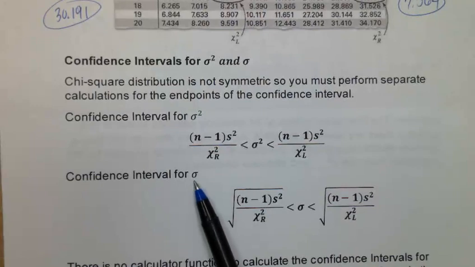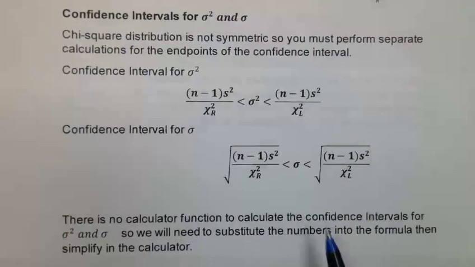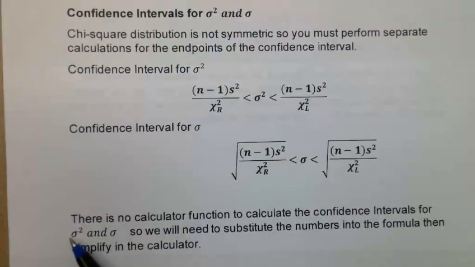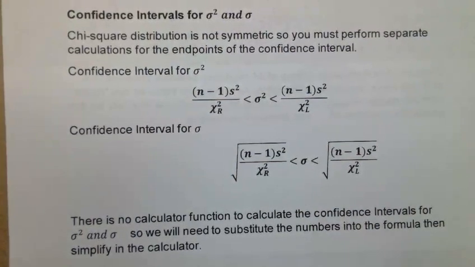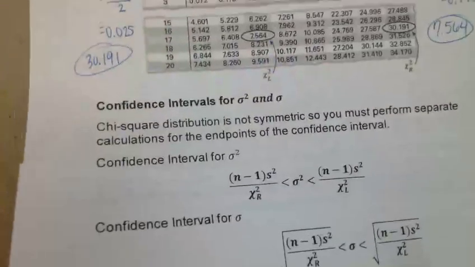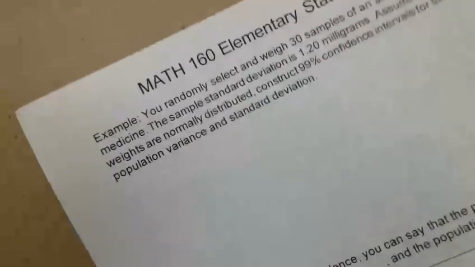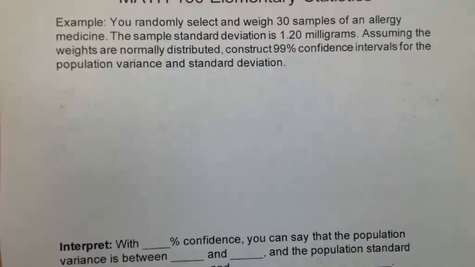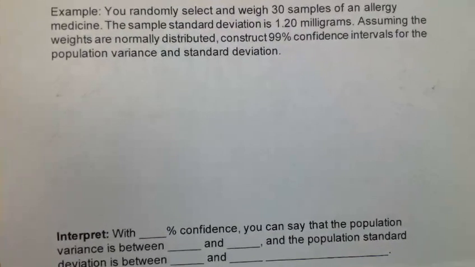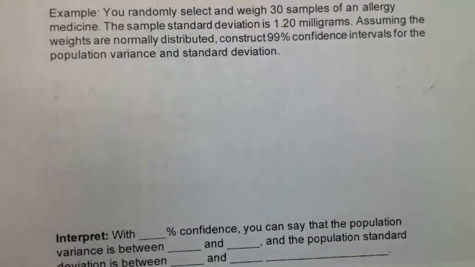And to get the standard deviation, we're going to square root. There is no calculator function to calculate the confidence intervals for population variance and population standard deviation, so we'll need to substitute the numbers into the formula, then simplify in the calculator. It's not the same on both sides, so we can't plus or minus.